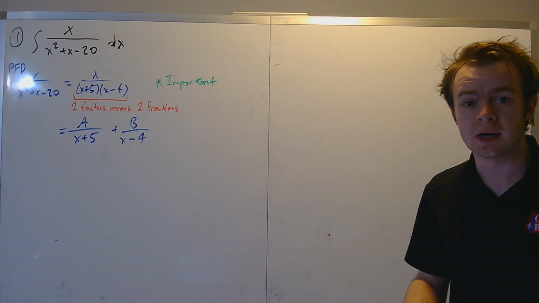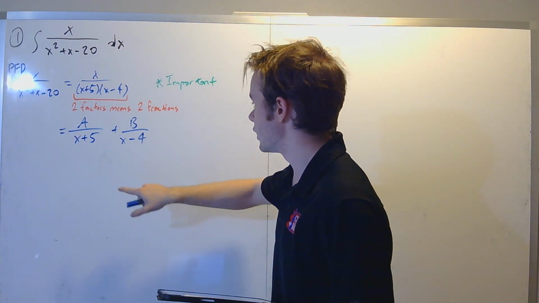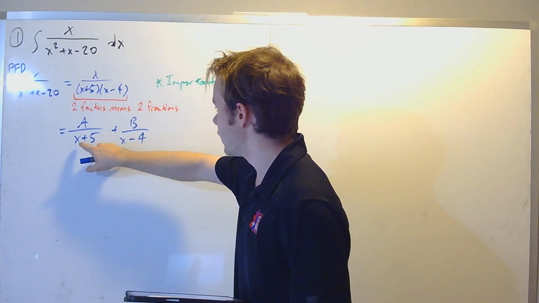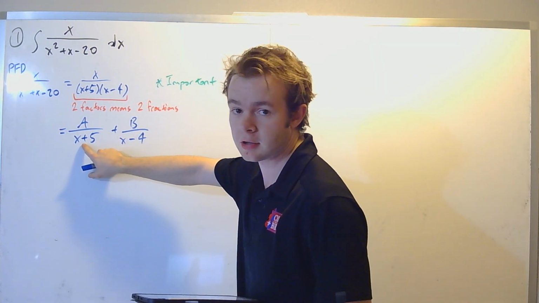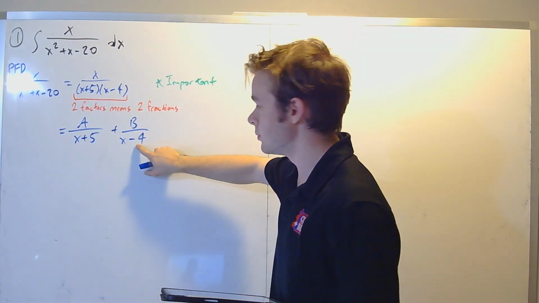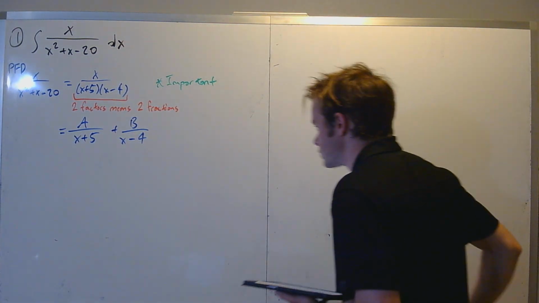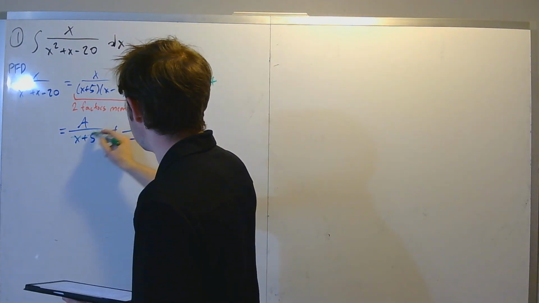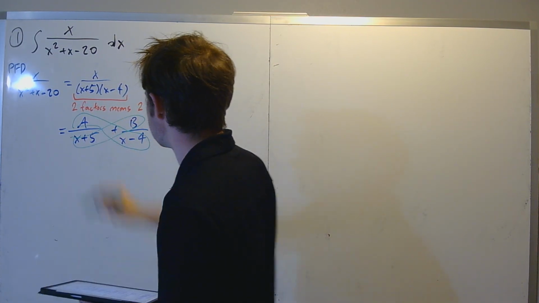And now we want to combine these two fractions. The way we can combine them is to give them the same denominator, so I need to multiply both sides of this by x minus 4, and multiply both sides of this by x plus 5. If you drew a picture of what's going on, I'm multiplying these two things as well as these two things.